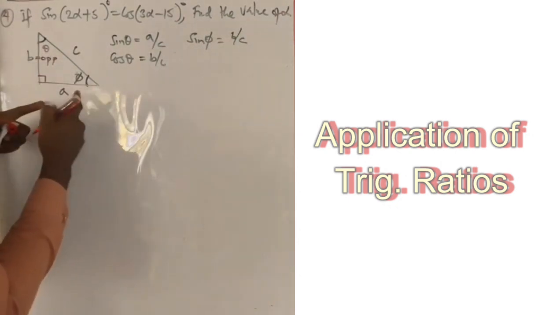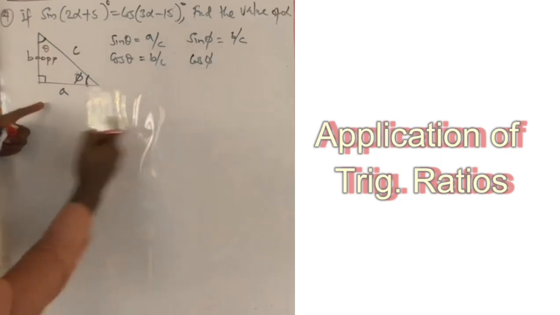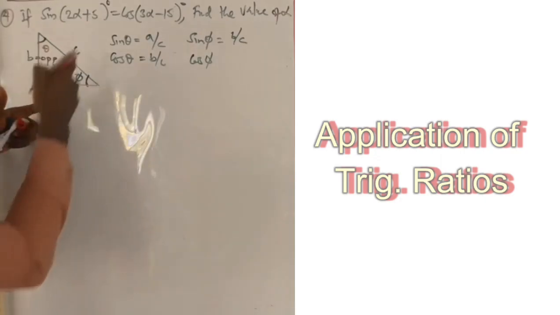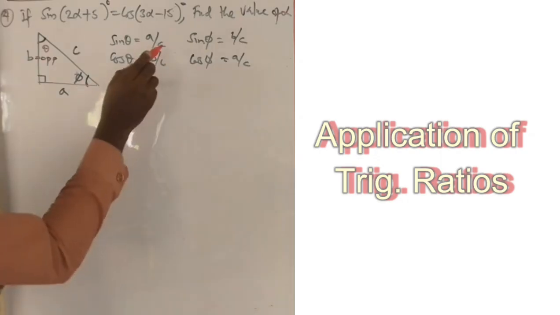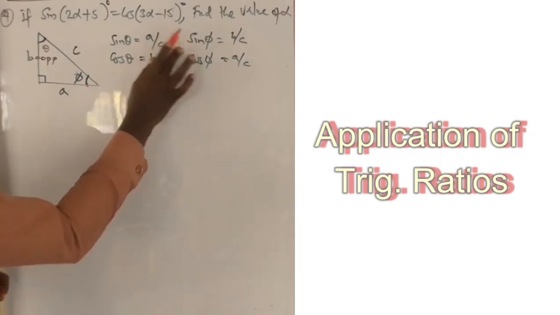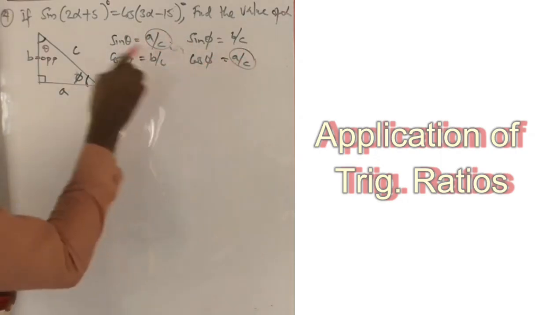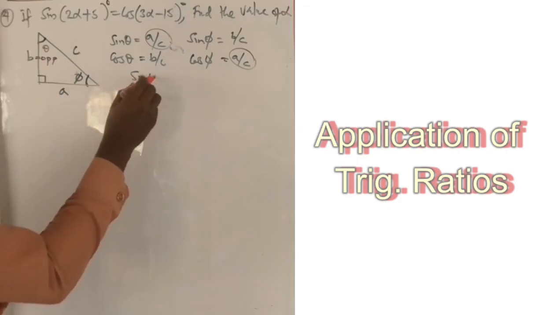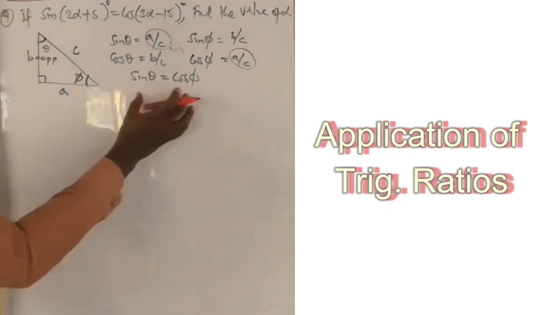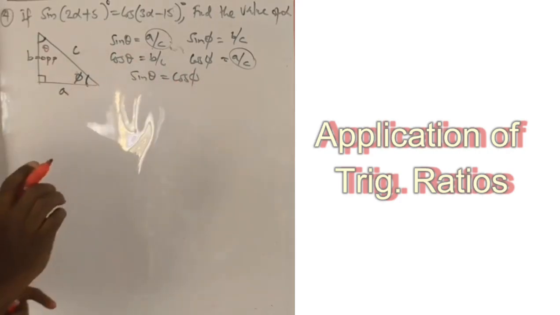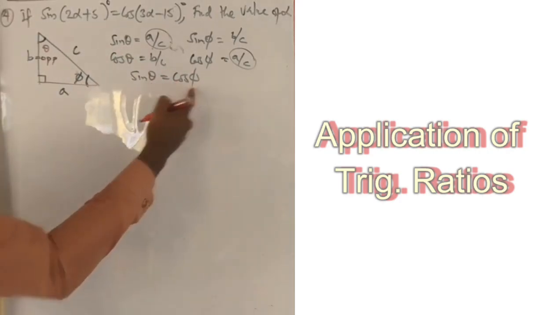Then what happens to cos phi? Adjacent over hypotenuse, that's A over C. When you now observe, look at this: this is A over C, A over C. Technically from here, it means sin theta equals cos phi. Sin and cos will be equal for a certain angle if theta and phi are complementary.